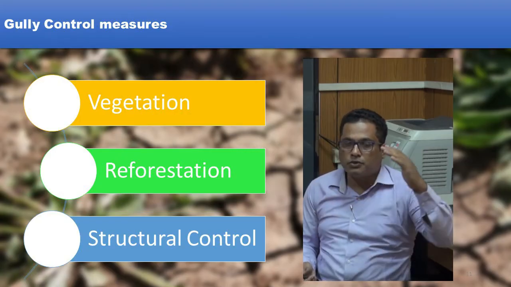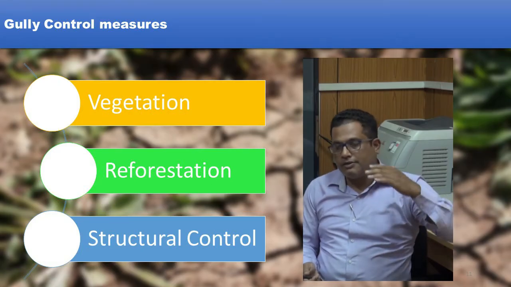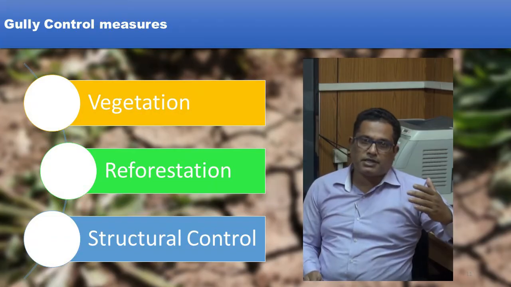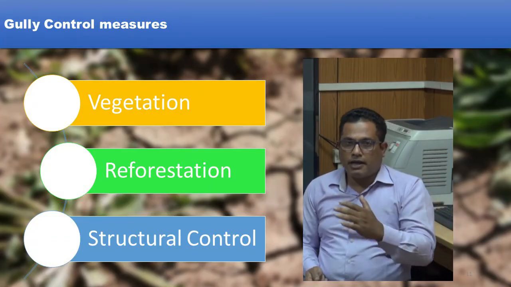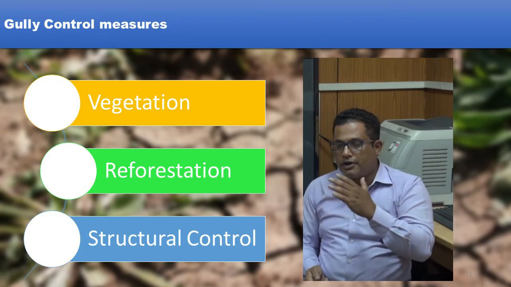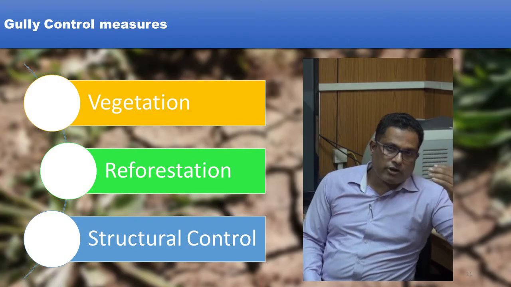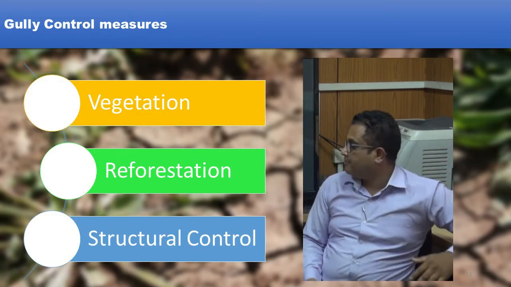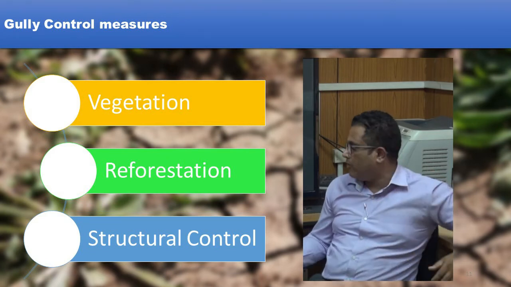The purpose is to reduce the slope of the bed. Drop structures and spillways can be constructed, or gully plugging can be done at regular intervals, so that the erosive velocity with which the water is flowing can be checked, and the water flows at a non-erosive velocity.